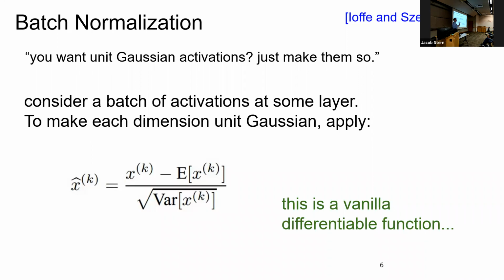And so He initialization divided the variance of that initialization by 2 and allowed our gradients to travel once more with the ReLU activation function. But you can imagine that this could lead to failure cases if you don't know exactly what you're doing with your initialization and how each of those works with activation functions.